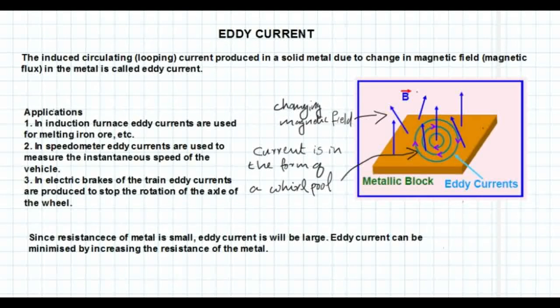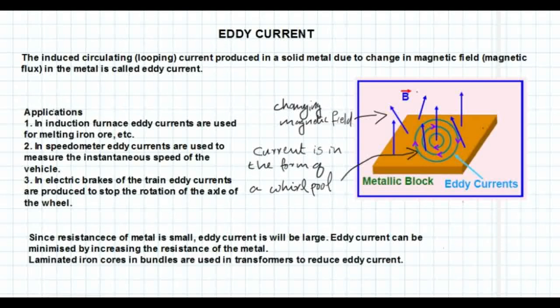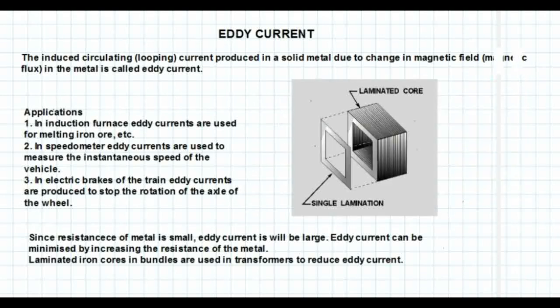You cannot directly increase or decrease the resistance of a metal, right? But eddy current can be minimized by increasing the resistance of the metal by some other means. So laminated iron cores in bundles are used in transformers to reduce the eddy current.